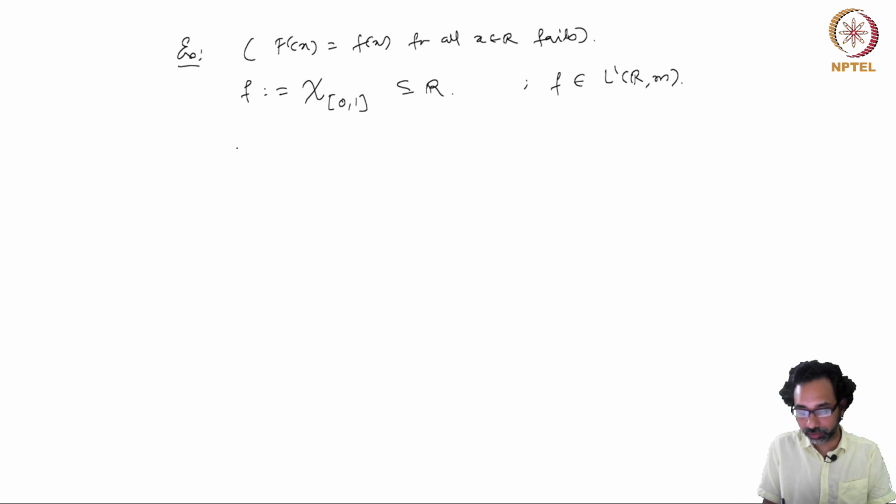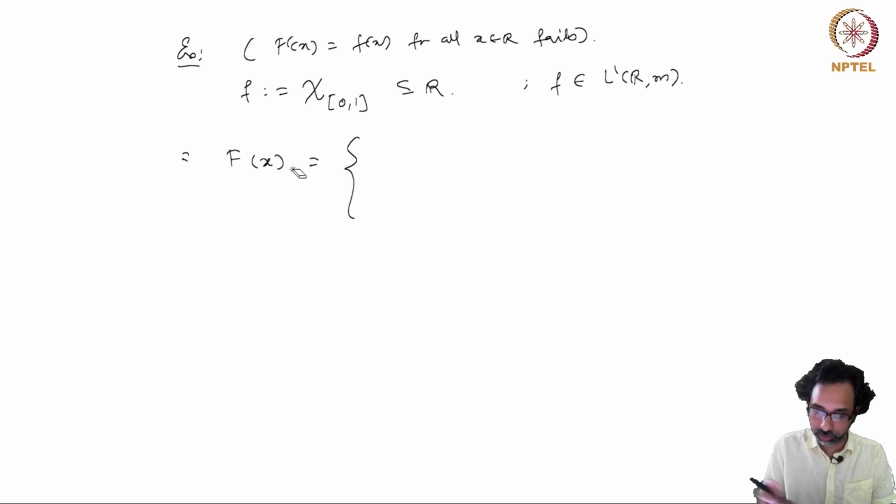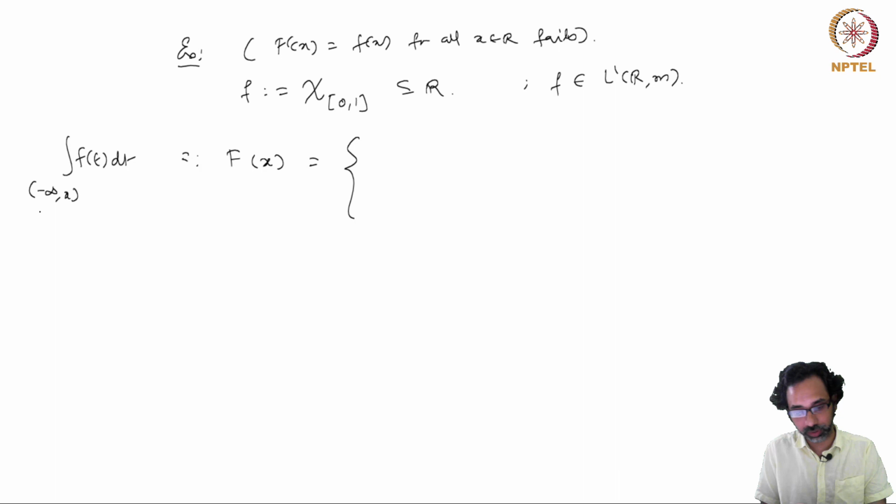and so now we can try to deduce what is capital F. So capital F(x) is by definition the integral of f(t) dt over the interval minus infinity to x.